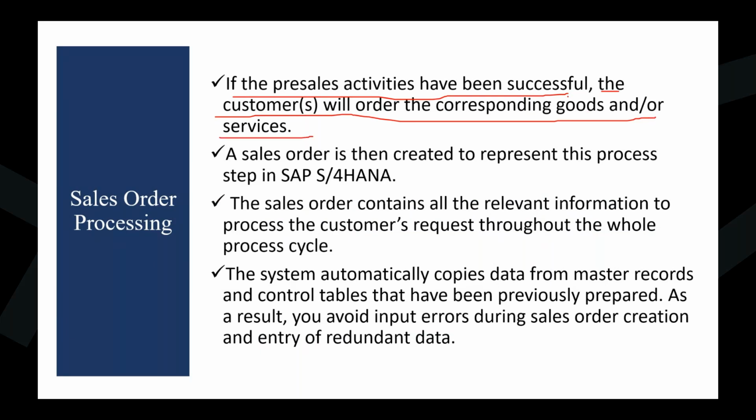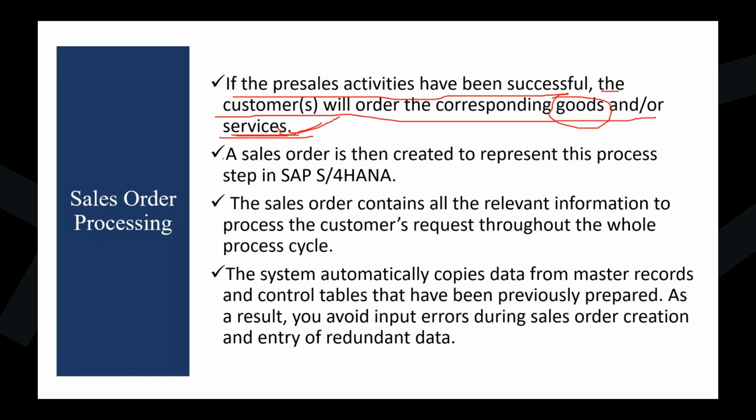As of now we are talking about goods only, delivering the physical product. In subsequent sessions we will see how to sell services only. Let's say a customer wants a machine repair in his organization. There you are not selling the product, you are just sending a technician and providing the services. We have a separate session on that, don't worry.